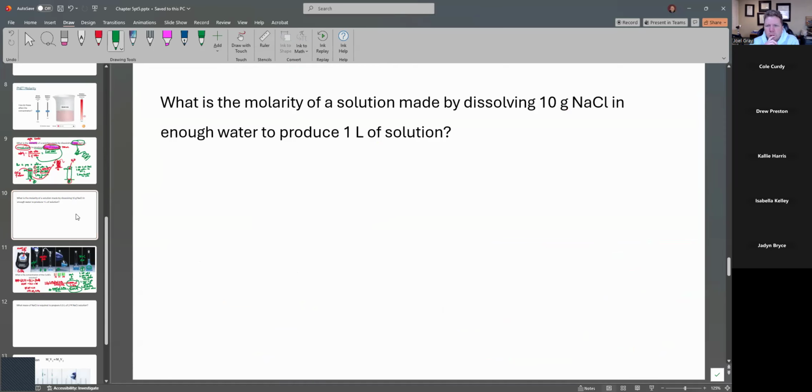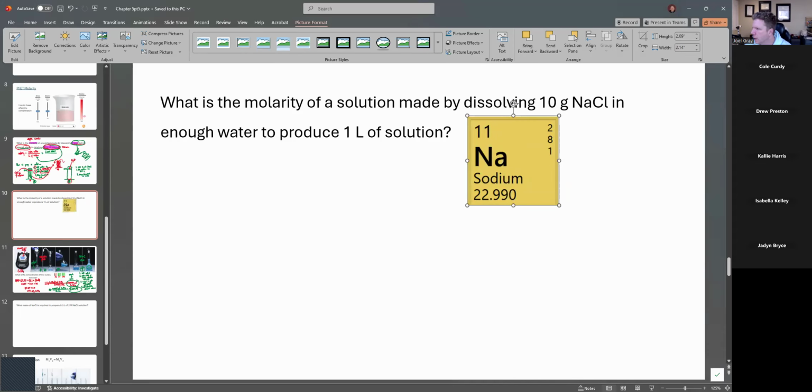What is the molarity of a solution made by dissolving 10 grams of NaCl into 1 liter of solution? So I'm going to give you this information. I can give you a second to work on it, and then I'm going to work on it as well.